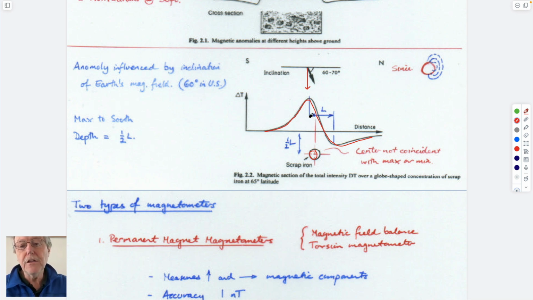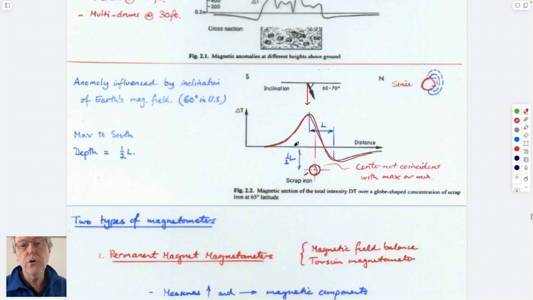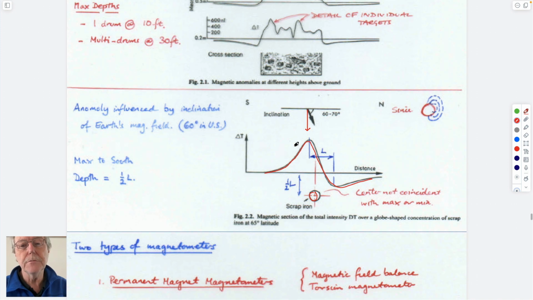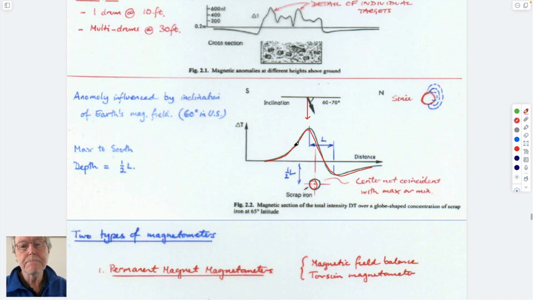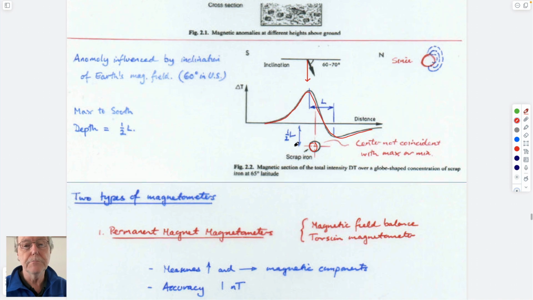And you can identify the location of the target by the inflection points, the peaks and the troughs of the distribution, and also say something about the depth of burial as a result of this. And so this is a very quick and commonly used method to be able to prospect for metal targets in the subsurface.